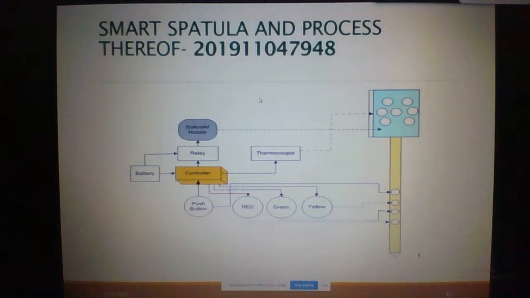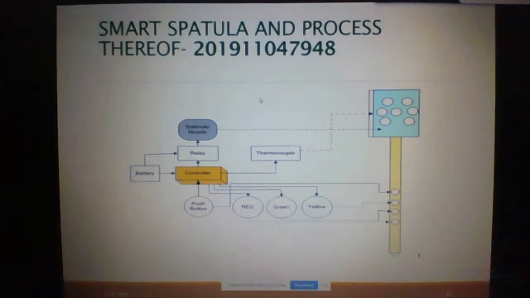So this is not my idea. This is the idea of one professor from the forensic science department. They had in their mind that women or housewives are always struggling while making parathas. So they thought like this, but they don't have the technological idea.